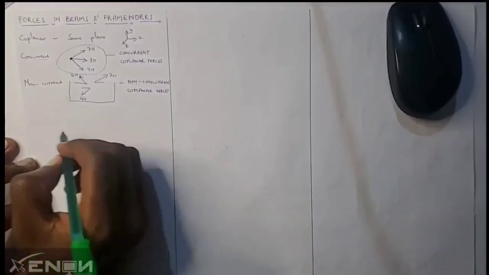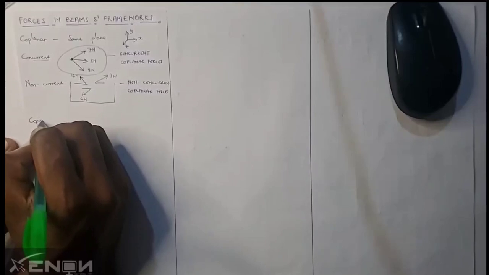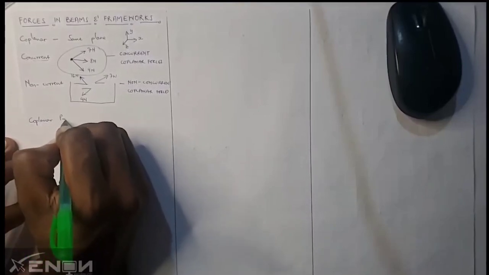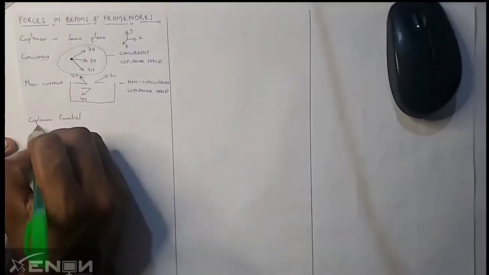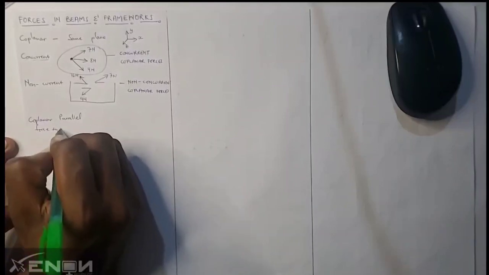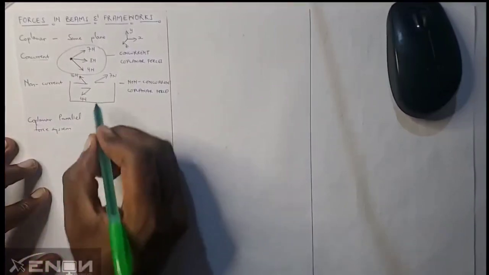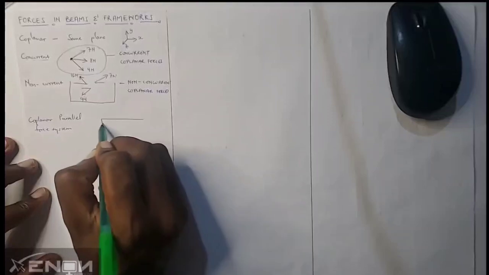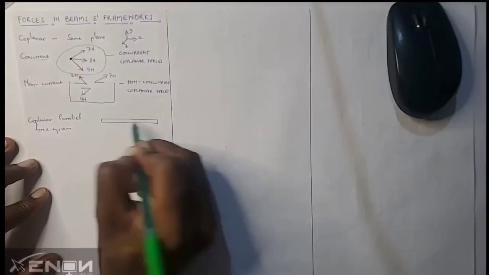Non-concurrent coplanar forces, the second one. Then finally, the last term that we can look at here is the coplanar parallel force system. This is going to be in a beam. If you have a beam, this is our beam.